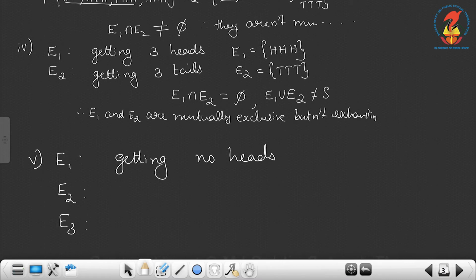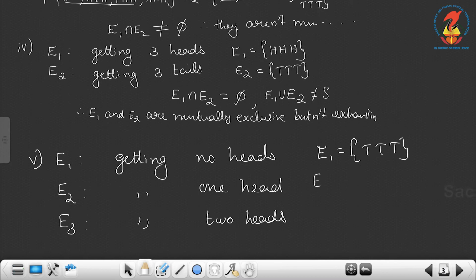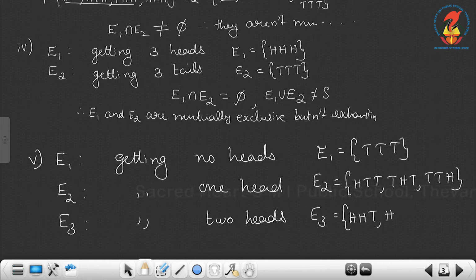Now E2 means getting 1 head, and E3 means getting 2 heads. So E1 means TTT, and E2, 1 head, HTT, THT, and TTH. E3 means 2 heads, HHT, HTH, and THH.